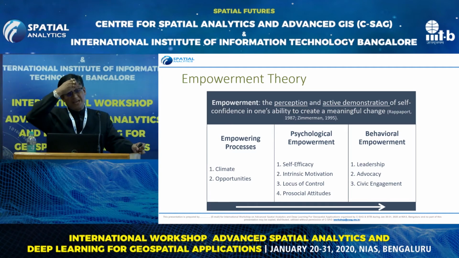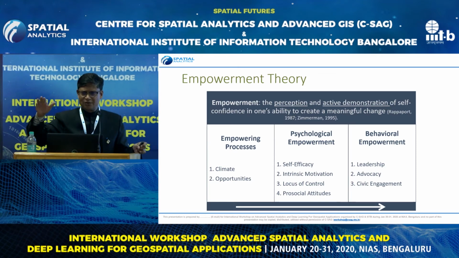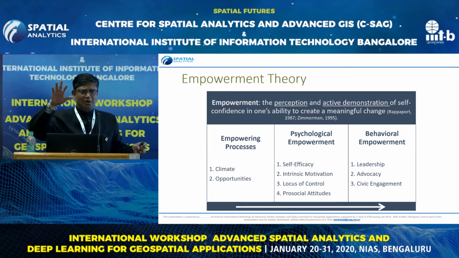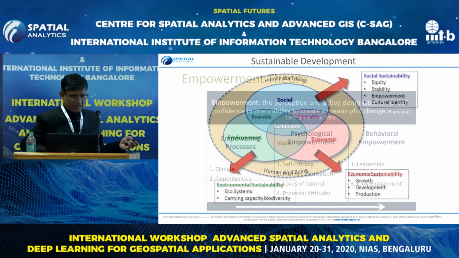Generally in our society, people say that if you go to the tribal community, just give them anything, a low level of technology, and they will be happy. That thinking needs to be changed with technological empowerment.